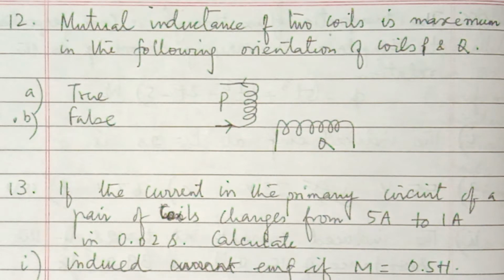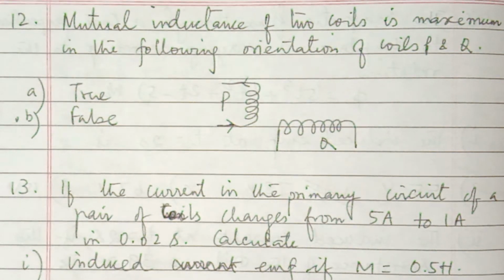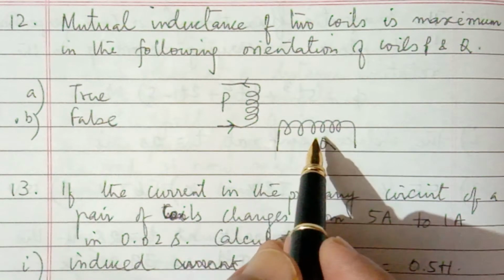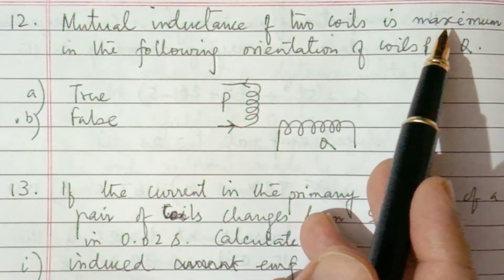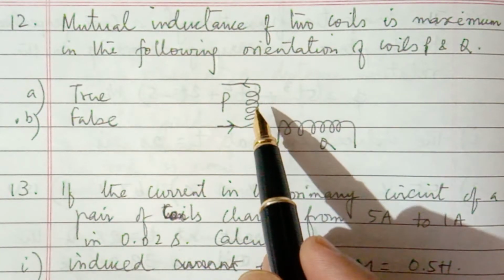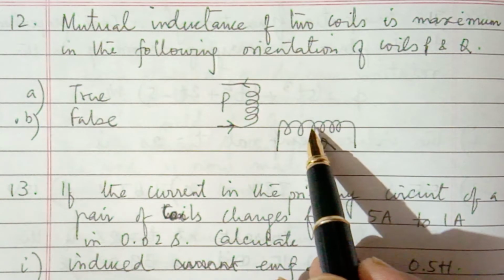Next question: mutual inductance of two coils is maximum in the following orientation of the coils. If they are kept perpendicular to each other, it cannot be maximum, because flux produced in the primary will not be linked with the secondary.